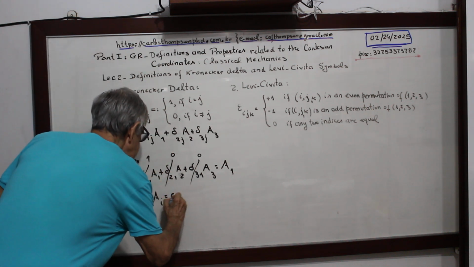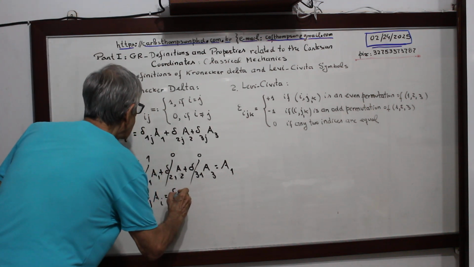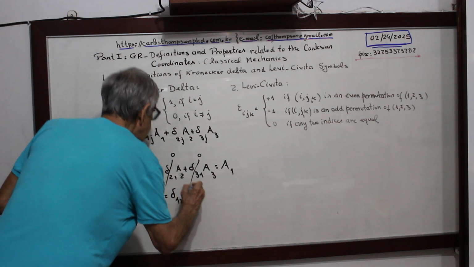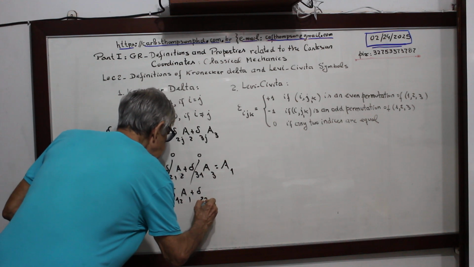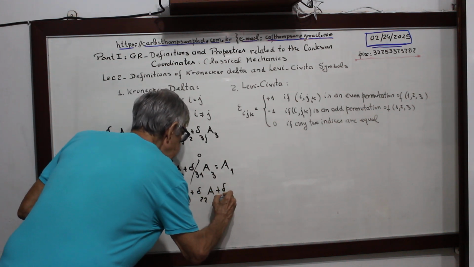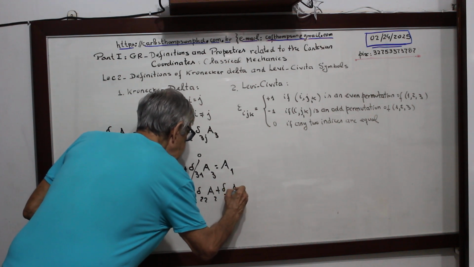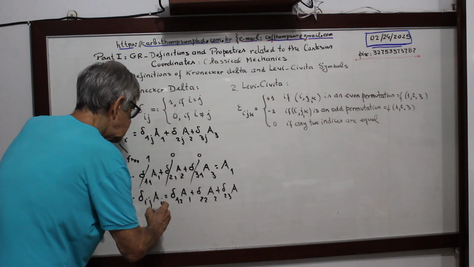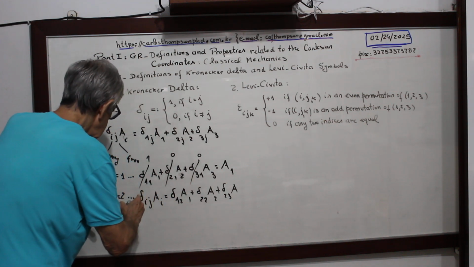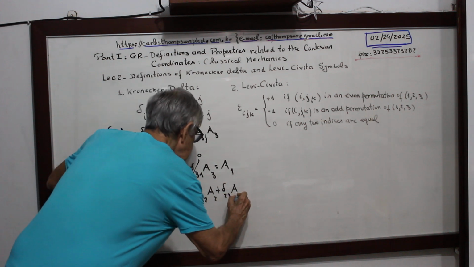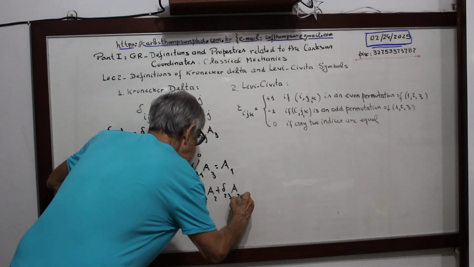So I have delta 1,2 a1 plus delta 2,2 a2 plus delta 3,2 a3.